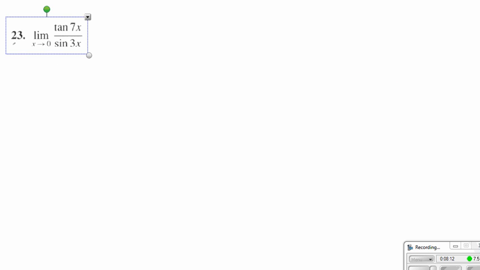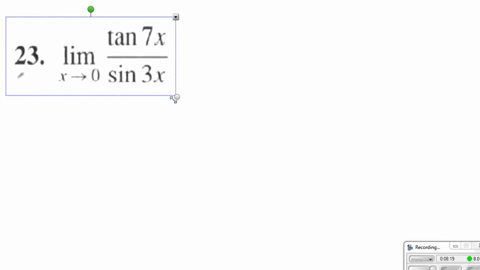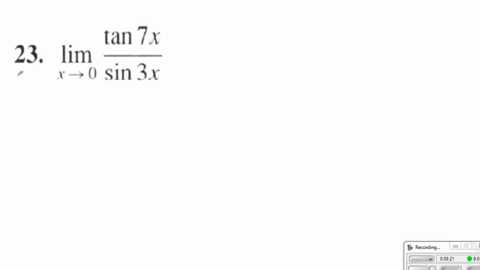Now number 23. Here we have, now if I were to rewrite this one, what's going to be happening is this. This will be equal to the limit as x approaches 0, for tangent theta is sine over cosine.